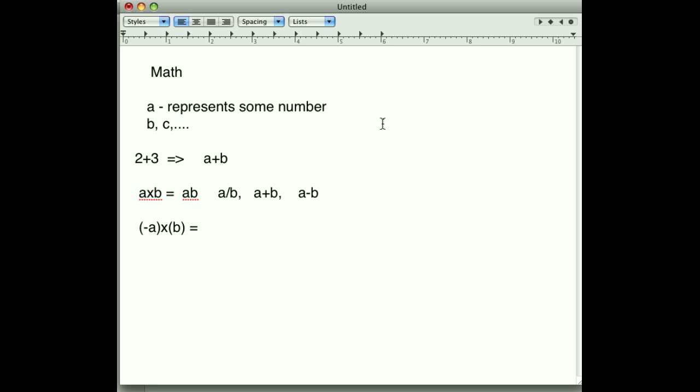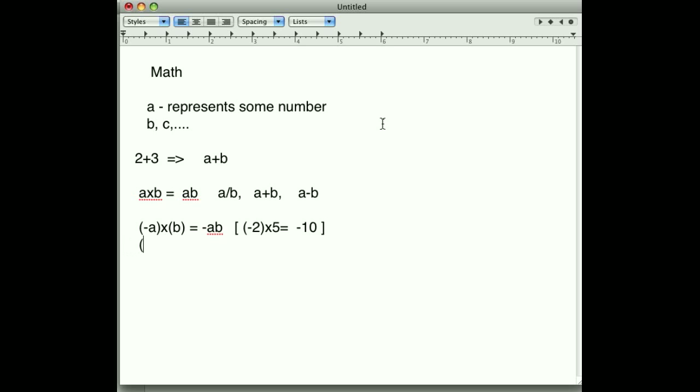And if not, now you know it. Minus A times B is minus AB. And if we had numbers, for example, if it was minus 2 times 5, then the result would be minus 10.